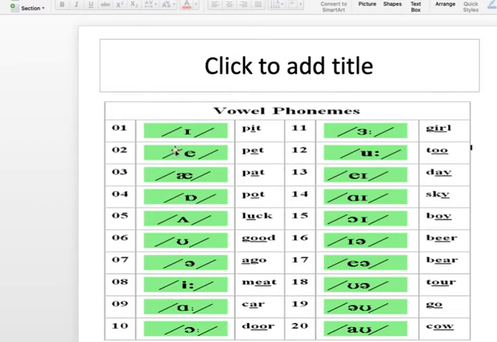If you look closely at this chart, you would notice that up to 12, all these vowels are represented by one single symbol. And the 8 from 13 up to 20 are represented by two phonetic symbols, right? So these first 12 are cardinal vowels or monophthongs, and these 8 are diphthongs.